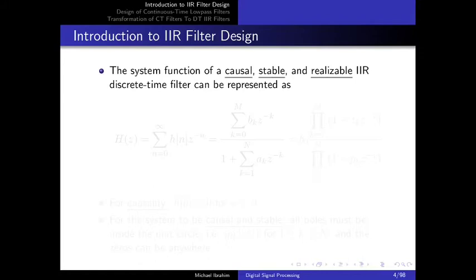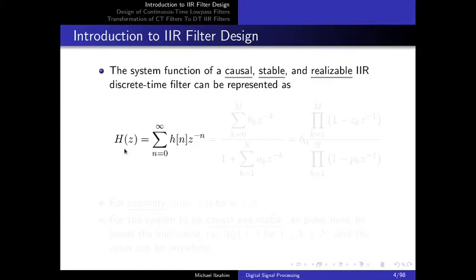The system function of a causal, stable, and realizable IIR filter needs to be of a certain form. It needs to be represented as follows. Since the filter is known to be causal, the impulse response h of n should be 0 for n less than 0.